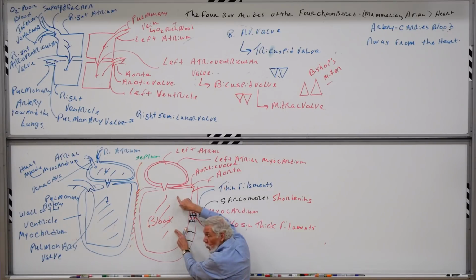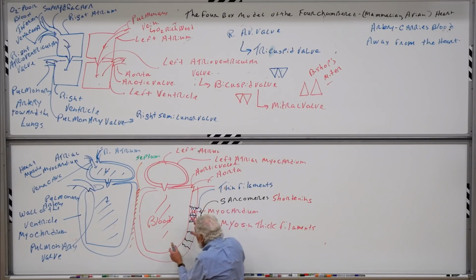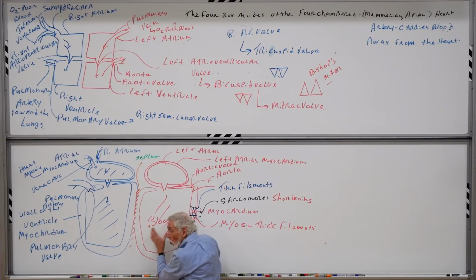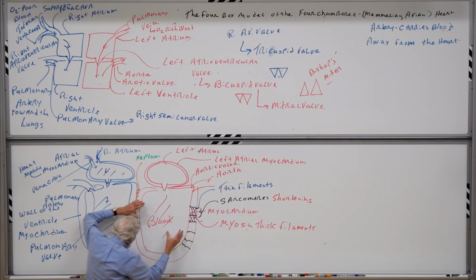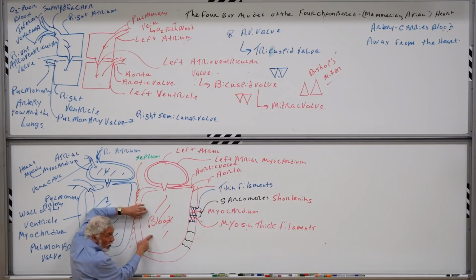Because the chamber, the room, is filled with blood, the contraction now begins to generate force on that fluid. The fluid is non-compressible. So as the cardiomyocytes, the myocardium sarcomeres, shorten, they generate more pressure on this fluid.